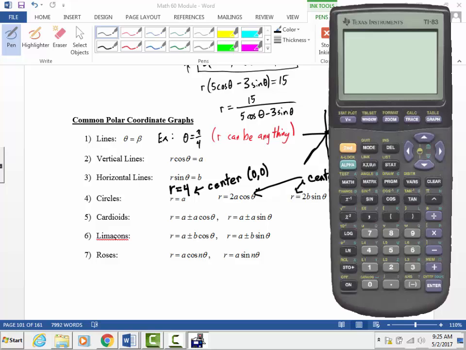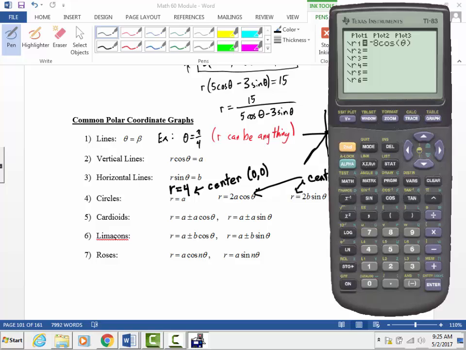So if you have a cardioid, cardioids have the form a plus or minus a cosine theta. So let's pick an a. Somebody throw out an a, some constant. 2. All right. So if we graph that, let's do 2 plus 2 cosine theta.